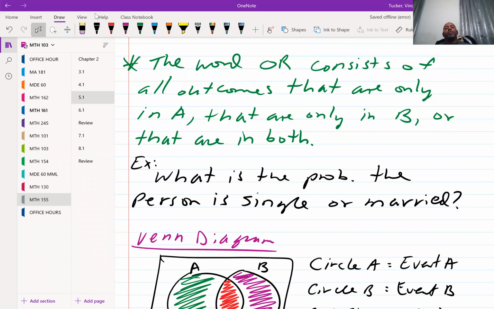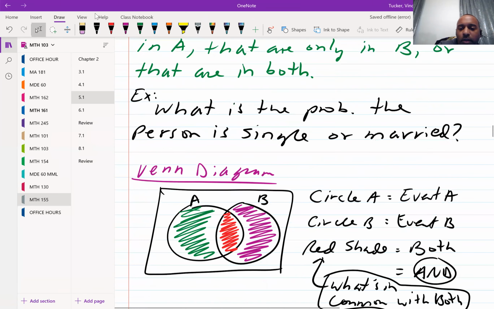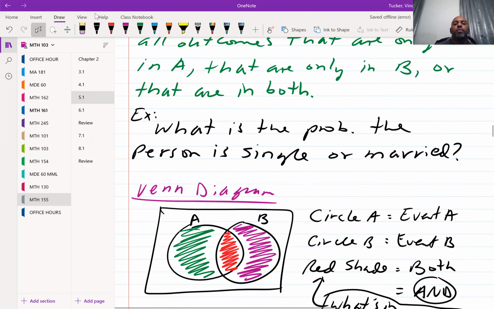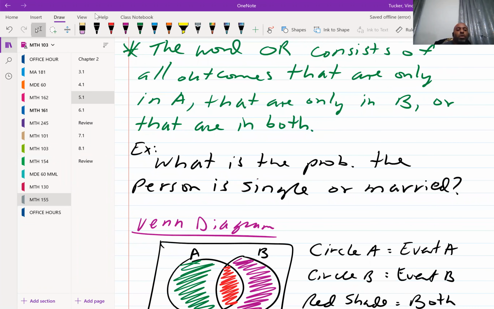All right, so here we're looking at what's the probability that a person is single or married. Let me see, why did I do this Venn diagram? Hold on one second, y'all. Okay, I just probably use it to explain. What's the probability that a person is single or married?